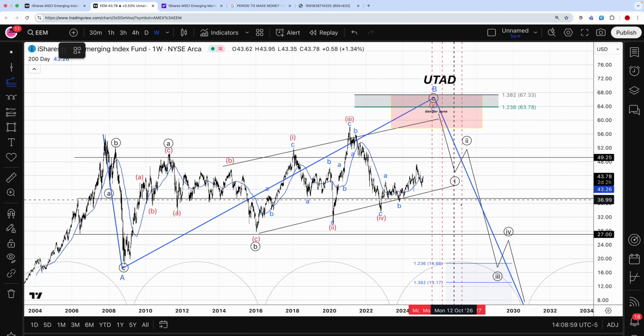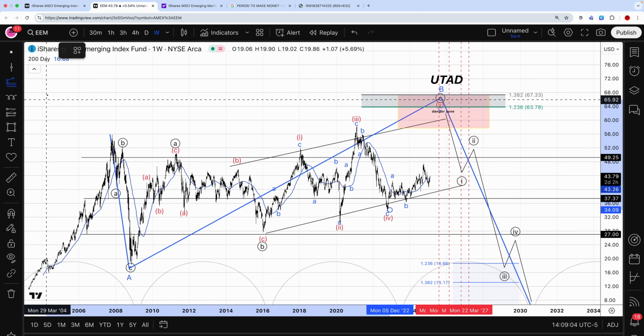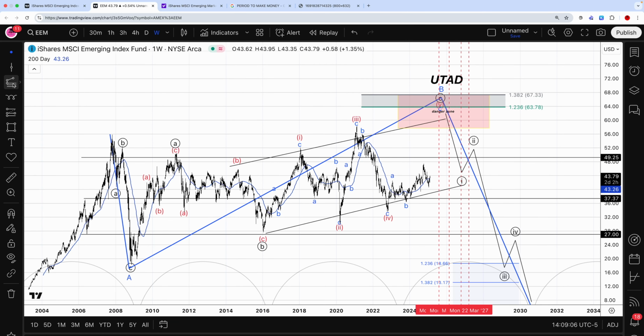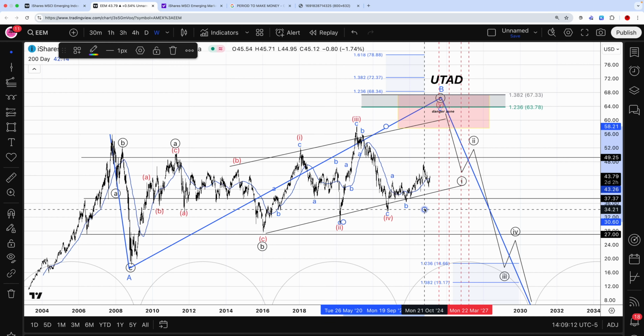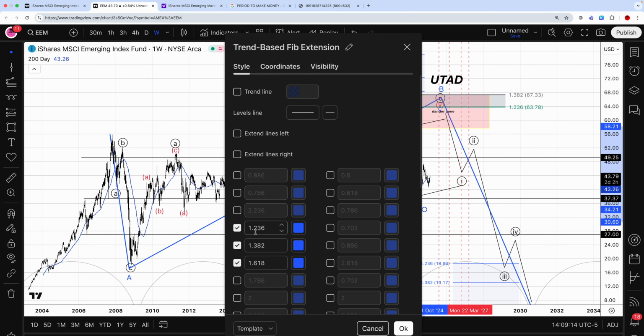We can also take a trend-based fib from the bottom of our A, or from the bottom of our wave 2 to the top of our wave 3 and down to the bottom of our wave 4, and take a look at all of these fibs here.